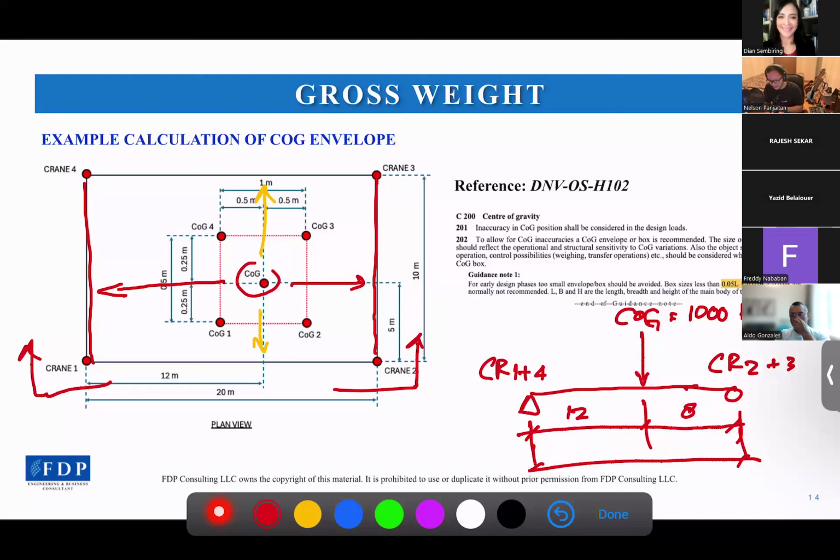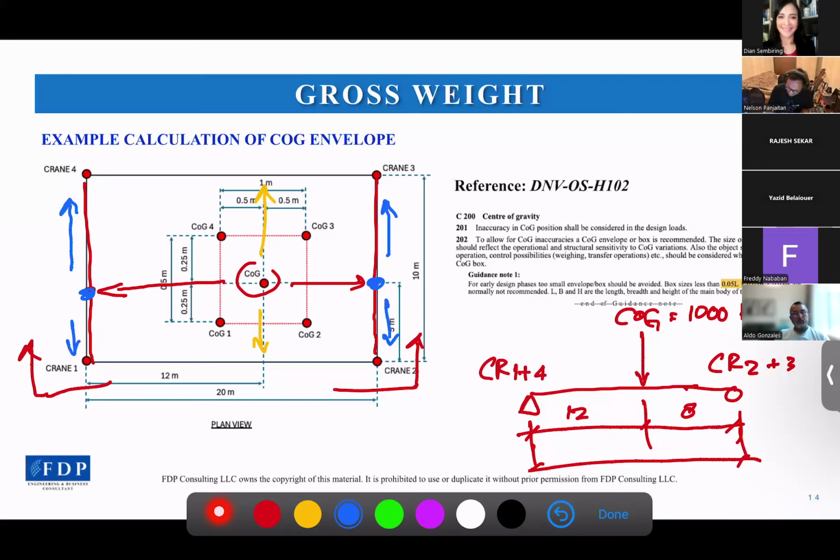Once you have the crane 1 and 4 reaction and crane 2, 3 reaction, for example for cranes 1 and 4, the load will be distributed first at this point, and then we can distribute to each crane, cranes 1 and 4, and cranes 3 and 2.